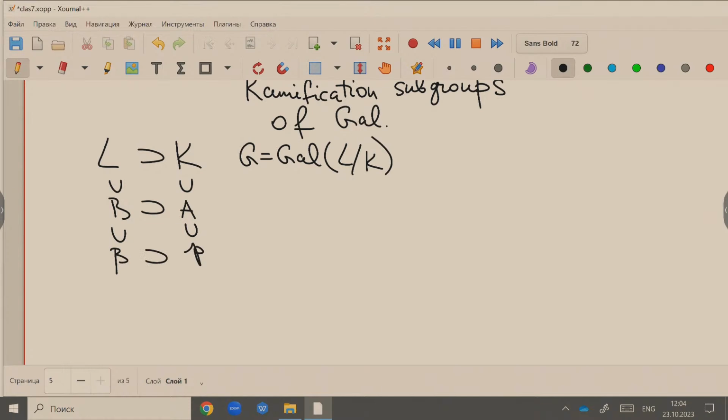We have considered the ramification group G of beta, which is just the stabilizer of beta.